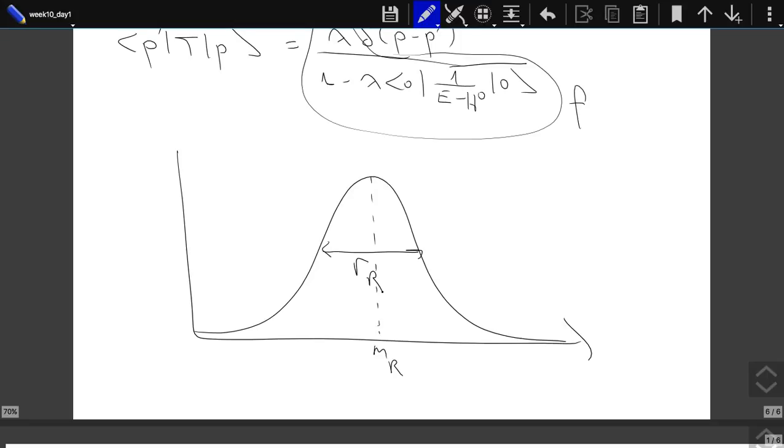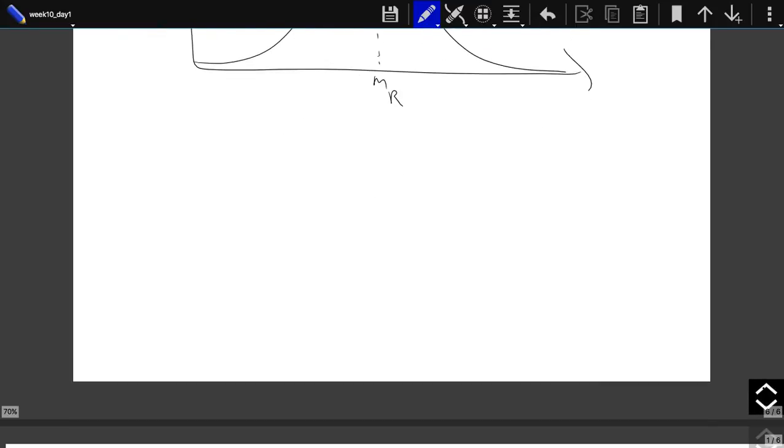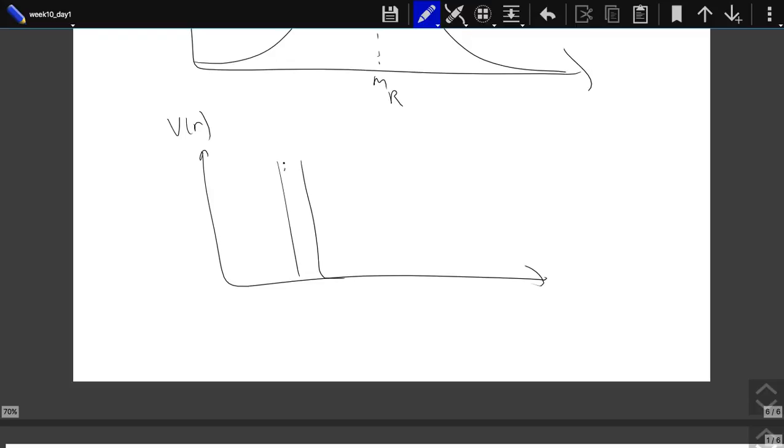But the potential is not some finite... You mean such a potential, V of R? This one? Well, once the potential goes to infinity, you cannot penetrate that. So they are bound states. They are stationary states. So whatever you put inside, it will stay inside. Whatever you put outside, will stay outside.